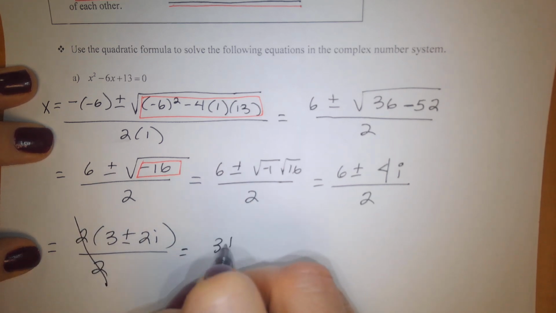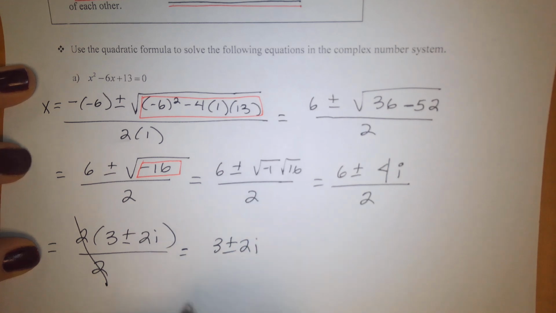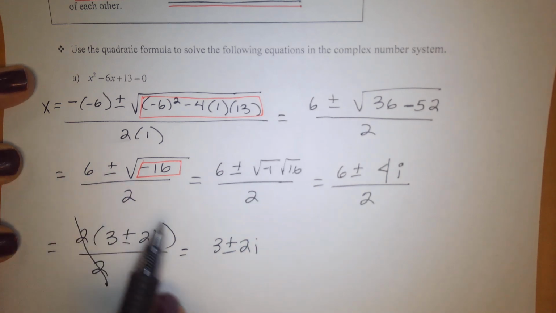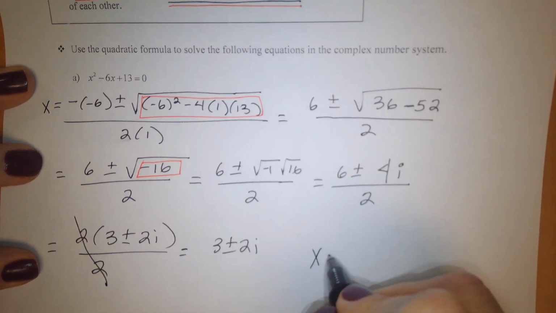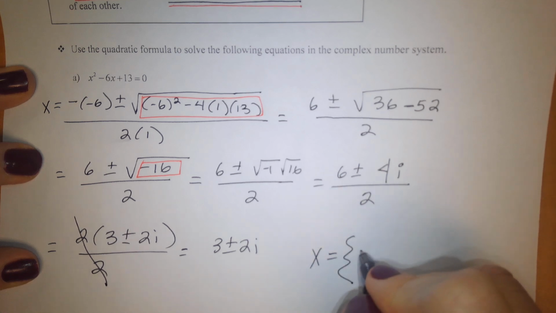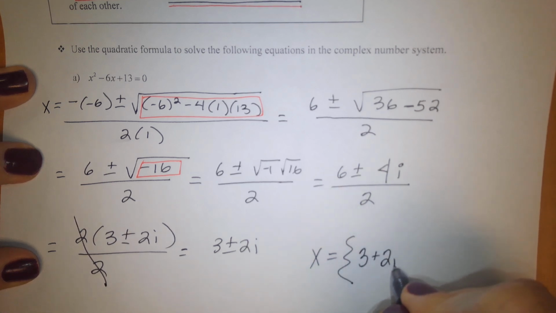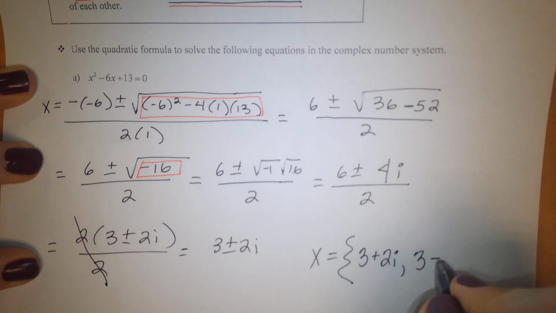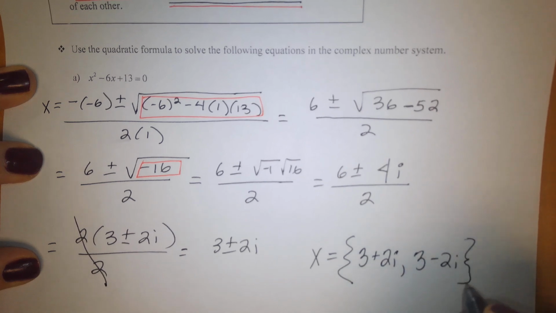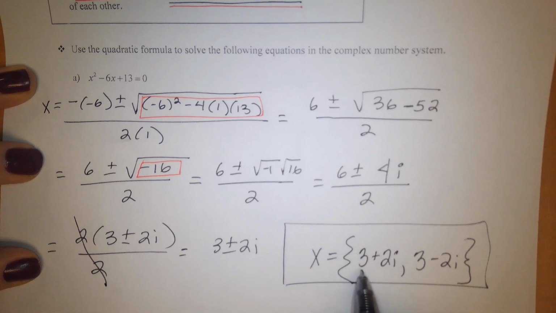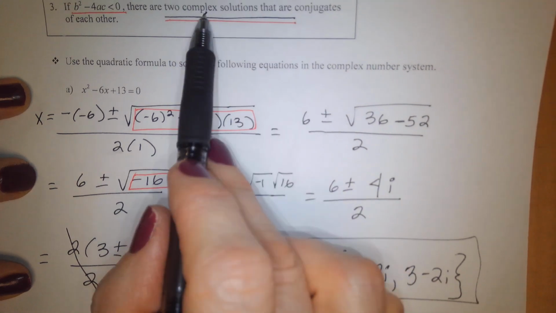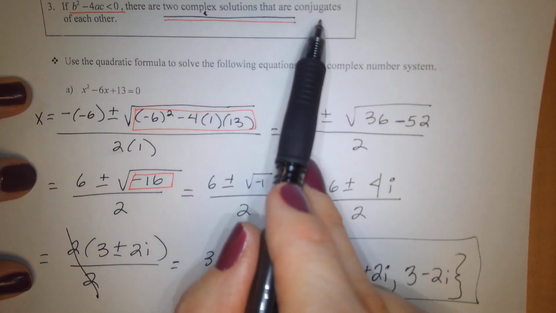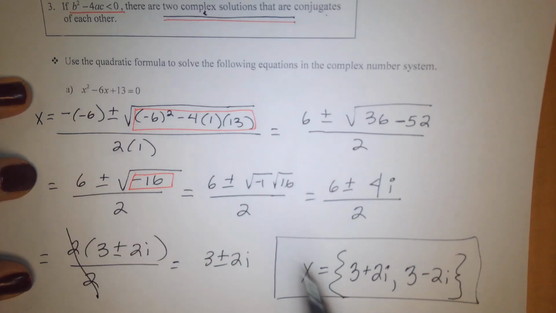So I'm left with 3 plus or minus 2i. So I'm going to have two solutions: one at 3 plus 2i, and the other at 3 minus 2i. Two complex solutions, and they will be conjugates of each other.